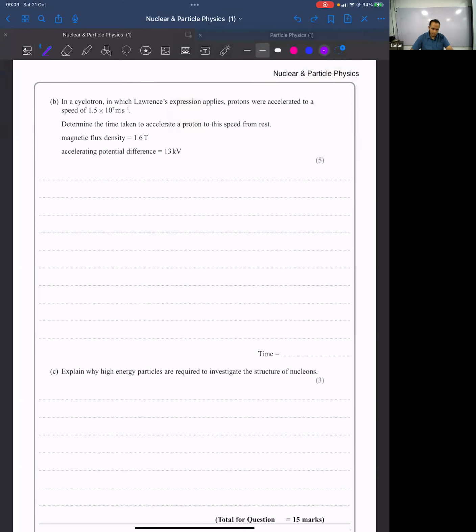In a cyclotron, in which Lawrence's expression applies, protons were accelerated to a speed of 1.5 times 10 to the power 7 meters per second. Determine the time taken to accelerate a proton to the speed from rest. Magnetic flux density is given. Accelerating potential difference is given.